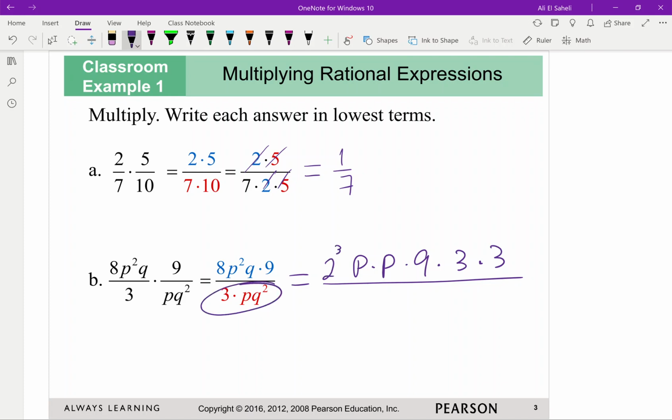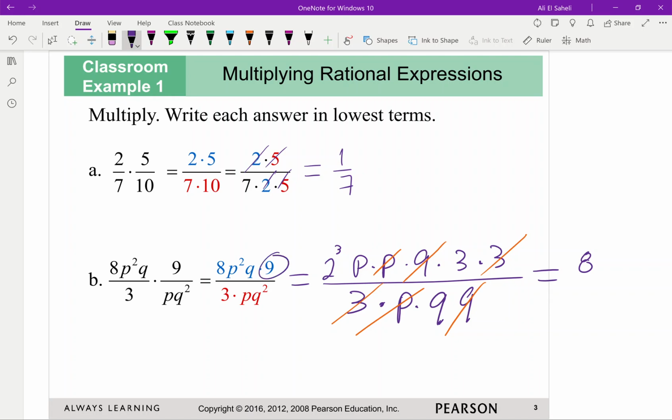And over here we have 3 times P times Q times Q. So 1 3 goes with 1 3, 1 Q with 1 Q, 1 P with 1 P. Okay, so what we have here is 2 to the power 3 is still the same, so it's 8.